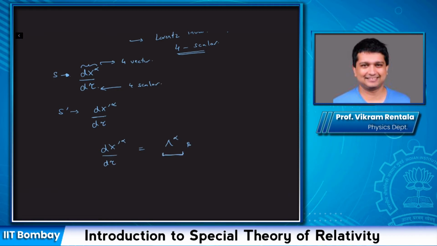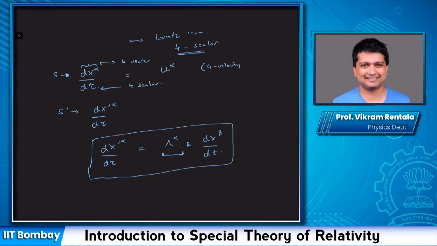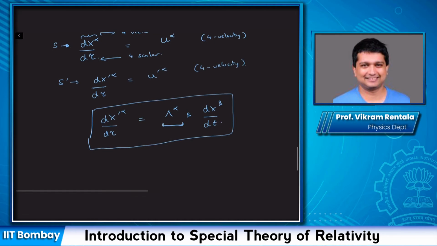This quantity would be related to our old quantity, dx prime alpha by d tau, is related just by a Lorentz transformation to the 4 vector in the frame S. Okay, so this is the dictionary for transformation of this quantity, and this entire quantity is what we call a 4 velocity.